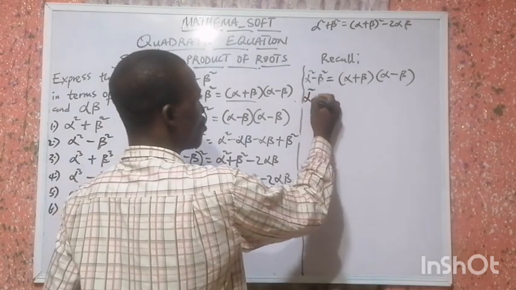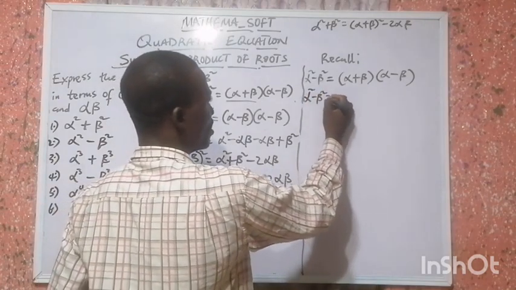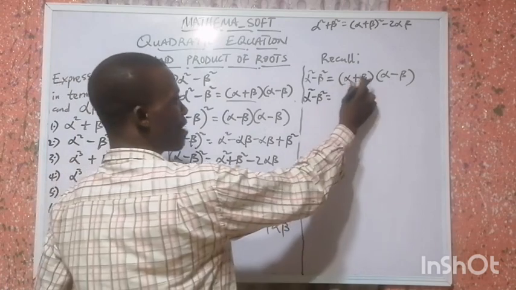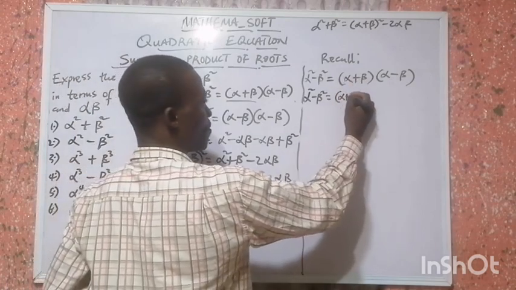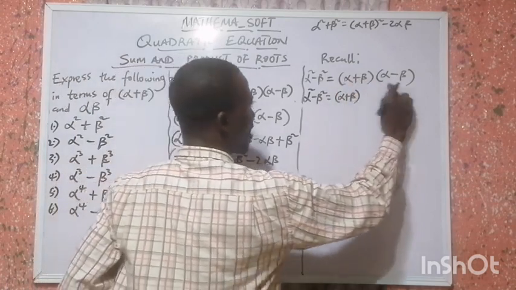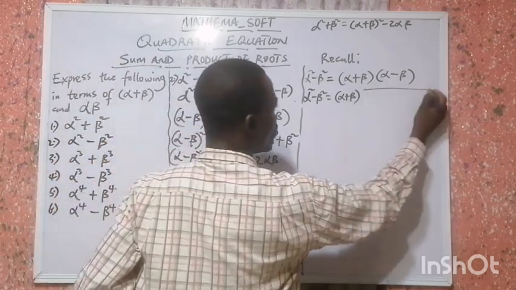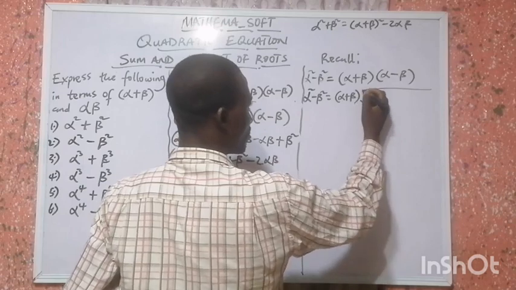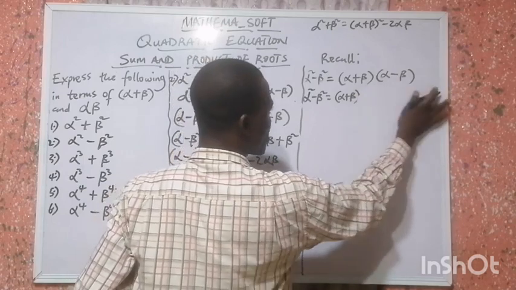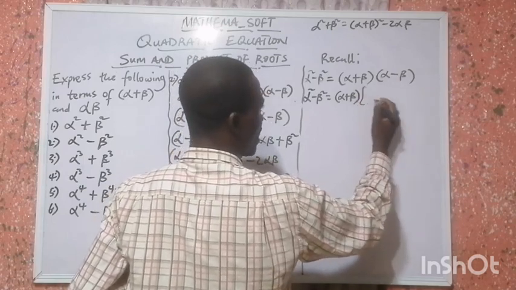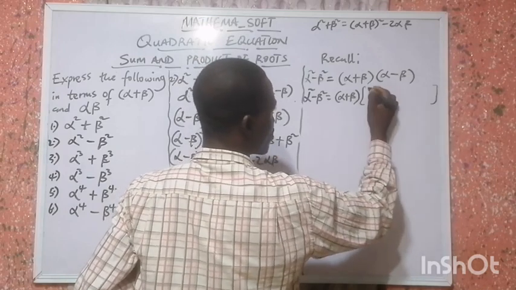So alpha square minus beta square equals alpha plus beta, times alpha minus beta, which we are now going to write as the square root. If you like, you may still put it in brackets to show that it is multiplication.